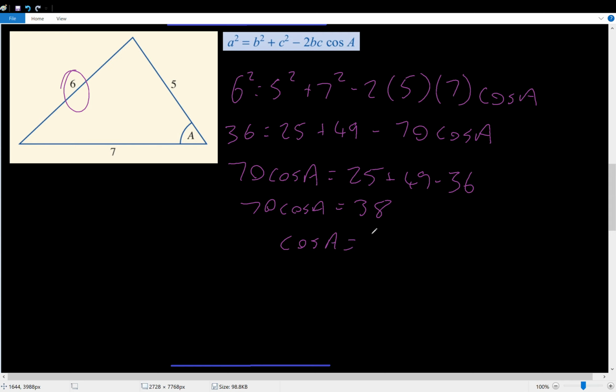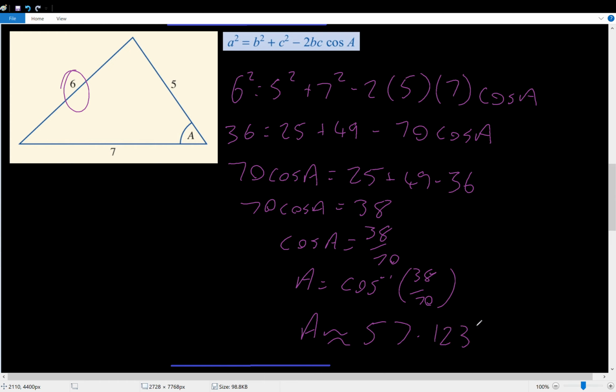So cos A is equal to 38 over 70, which means A is equal to cos inverse of 38 over 70. So A is approximately equal to 57.123 degrees. And that is that.